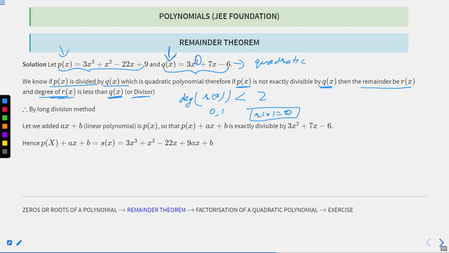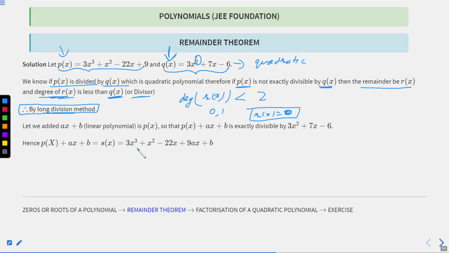In this case we cannot determine the degree. Let's see by doing the long division method. Our approach will be the same as I talked about earlier for long division.